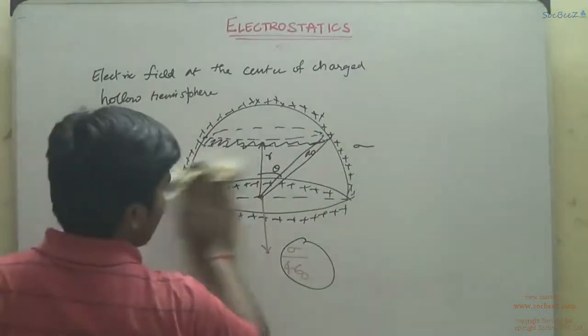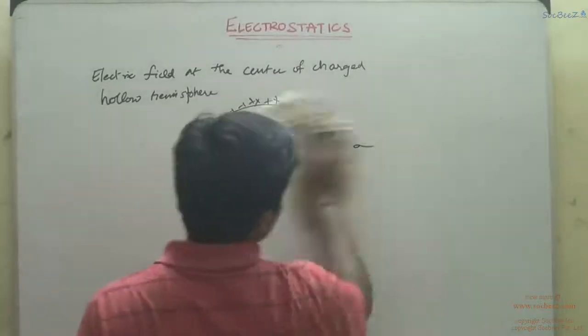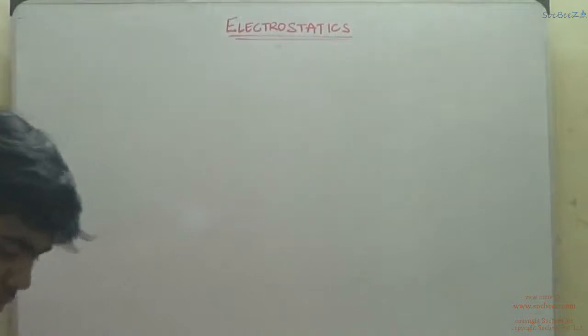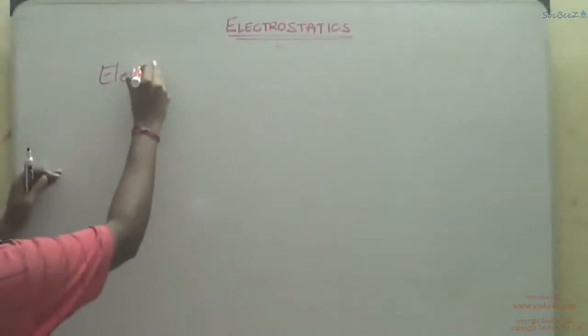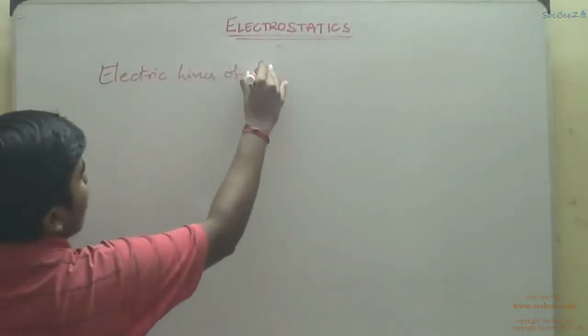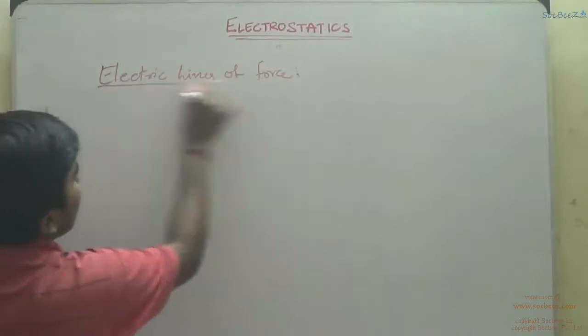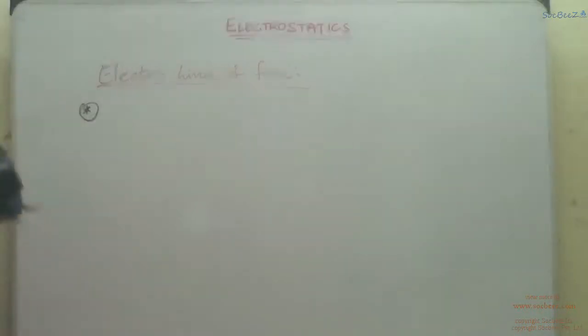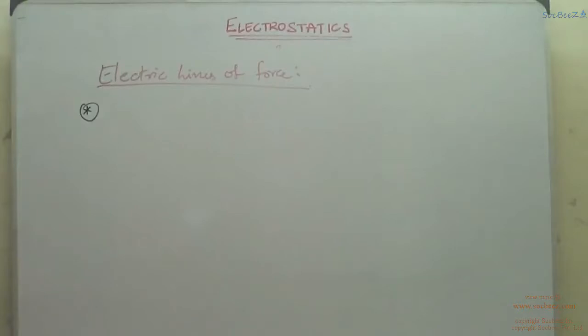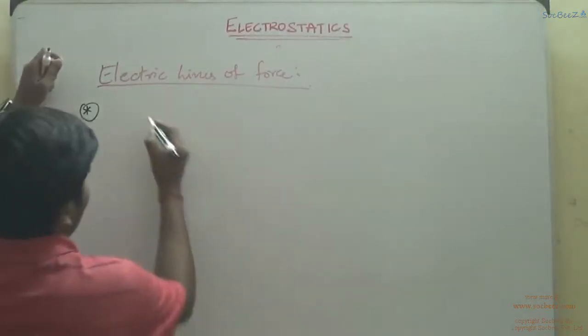Now let us move on to a new concept called the electric lines of force. So, what are electric lines of force? Electric lines of force are imaginary or hypothetical lines which give information about the strength and propagation of the electric field.